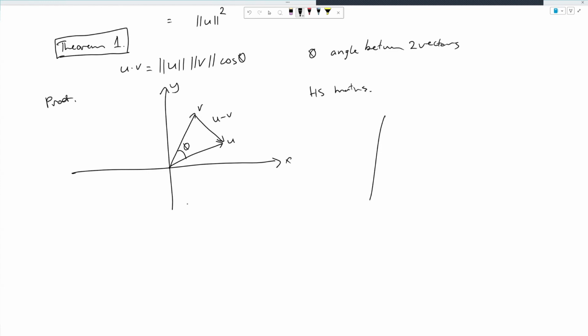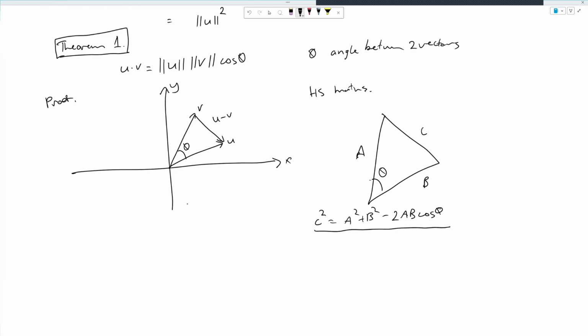If I gave you a triangle with sides a, b, and c, and angle theta, there is a rule called the cosine rule: c squared is equal to a squared plus b squared minus 2ab cos theta. I'm going to ask you to accept that for now, since it's something we learned back in the day. If you want me to, I can prove it for you, but for now just accept that this is true for triangles.